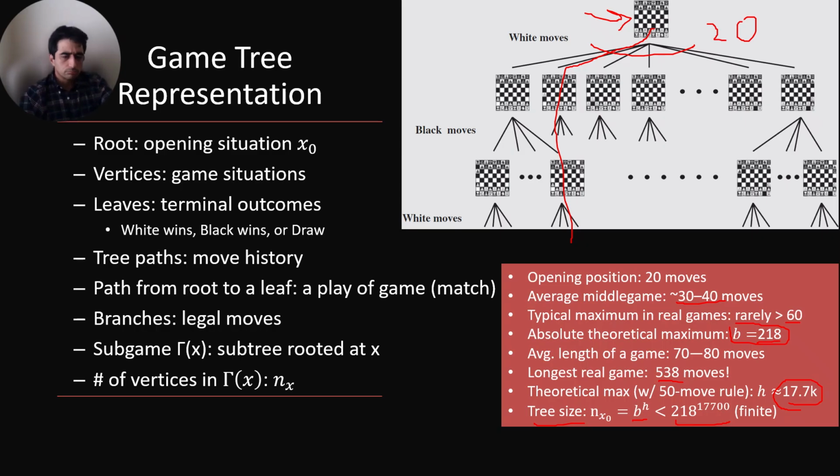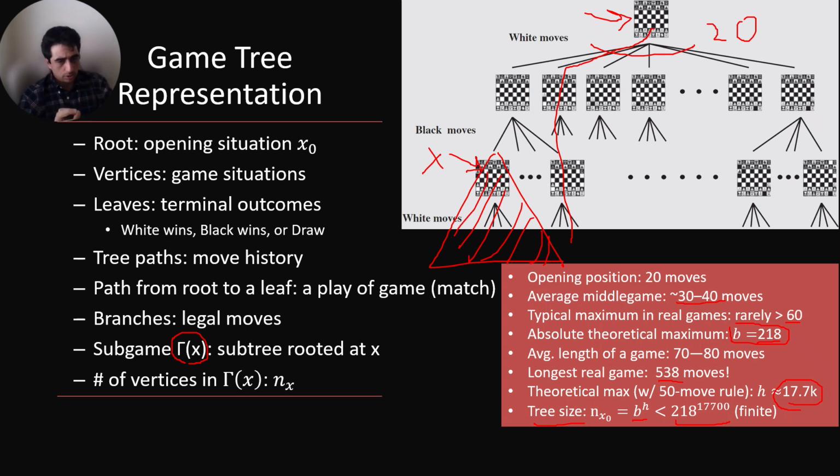All right, I'm going to make two quick definitions in this slide, and then we're going to go forward. One is a definition of a subgame, which is represented by capital gamma of x. That basically means the part of the game starting from the state x. So, for example, if I call this chess state x, the subgame x would be a subtree rooted at this node, and that means I'm only focused on this part of the game.